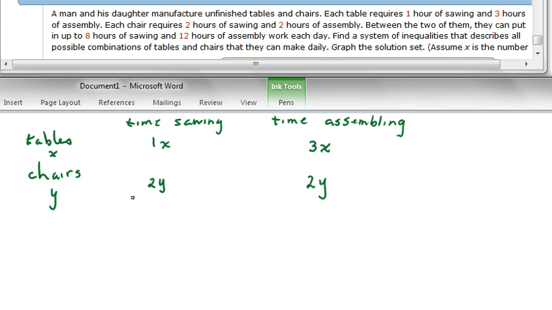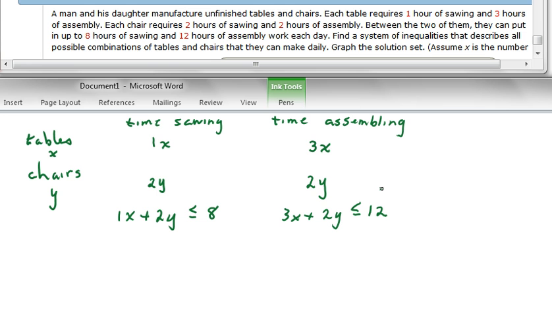They can only put in up to 8 hours sawing per day. So 1x plus 2y has to be less than or equal to 8. And they can only put in 12 hours of assembly work, so 3x plus 2y has to be less than or equal to 12.